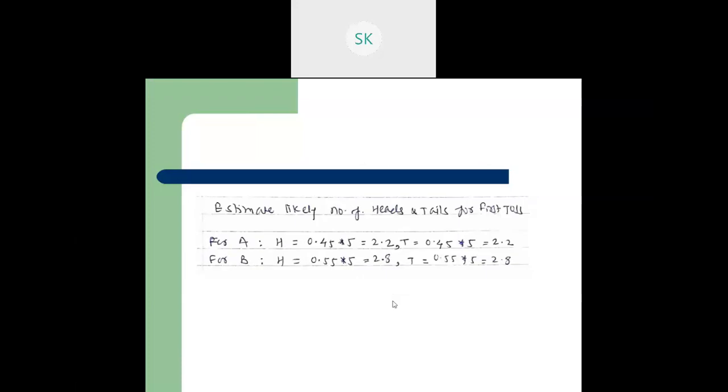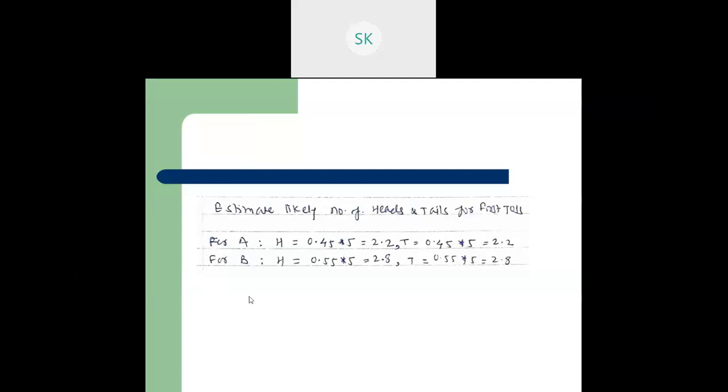Now estimate the likely number of heads and tails for the first toss. For the first pattern, there are 5 heads and 5 tails.